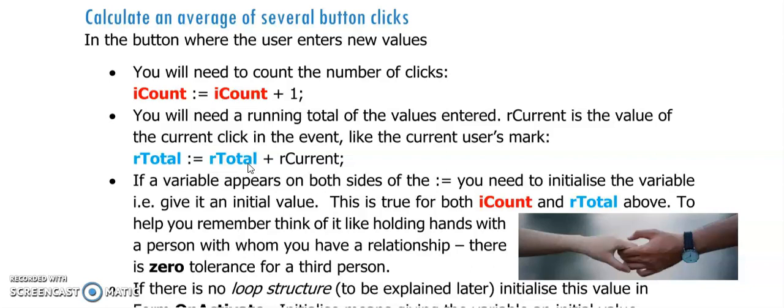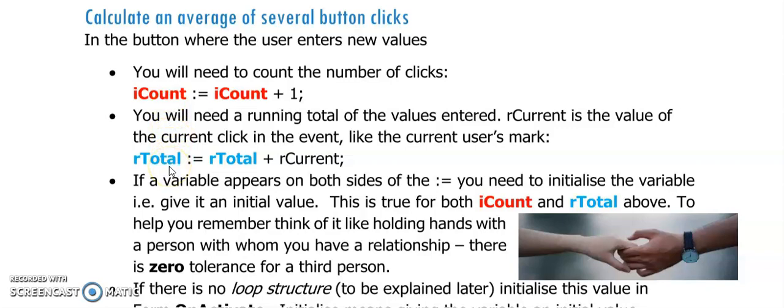So now I have what I need to calculate an average, but here follows some rules, and Delphi is all based around rules. We have the counter as well as our total that is appearing on both sides of the assignment statement. So what we need to do is initialize these values. That is true for both iCount and our total.